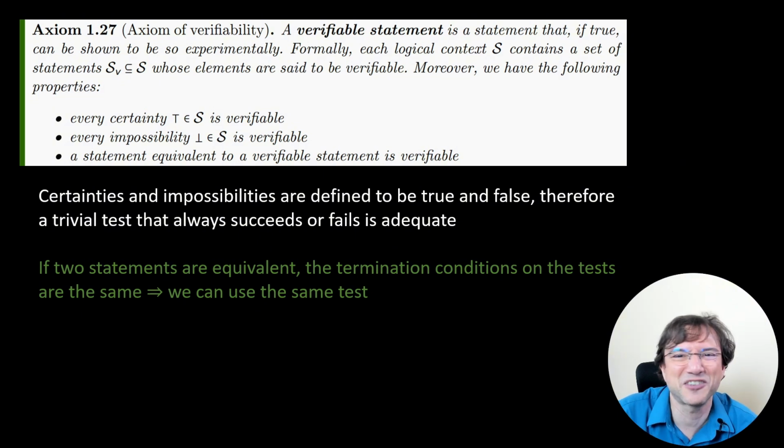So those are the trivial tests, and that's why we can always say those things are verifiable. They're verifiable in the context of us declaring them to be true and false. Another way to think about it: to see whether they're true or false, we look at our definitions and see that by definition they are true or false, so they're verifiable in that sense as well.